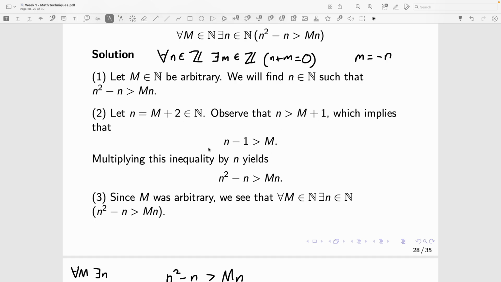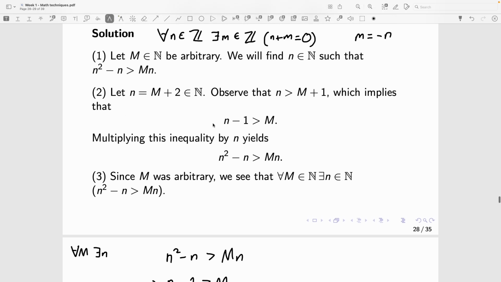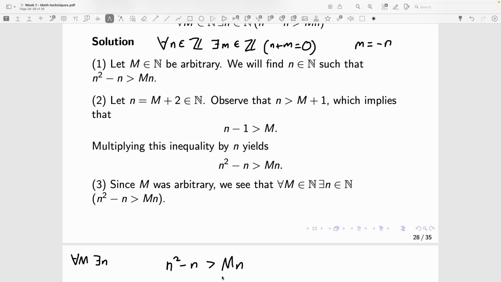So we have this inequality, which just happens to be the last step in our rough work. We multiply the inequality by n to get this inequality, just like how we divided it by n in the middle step of our rough work. And then, since m was arbitrary, we see that we've proven the thing we wanted to show, which was what we started with in the rough work. Yippee!